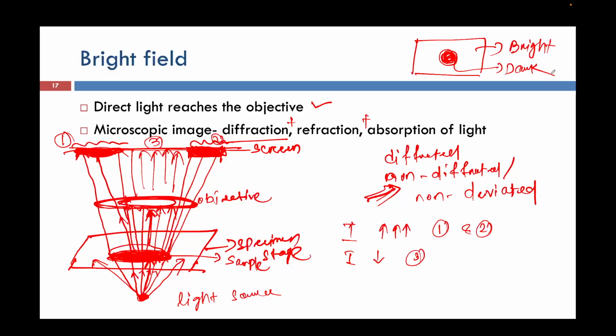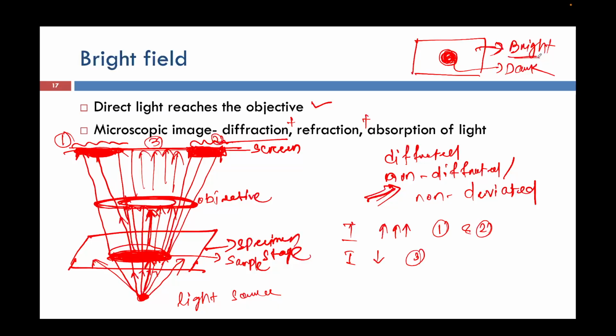This is the simple schematic and mechanism for bright field microscopy. In bright field and dark field, always remember it refers to the background. Bright means the background is bright, and dark field means the background is dark.